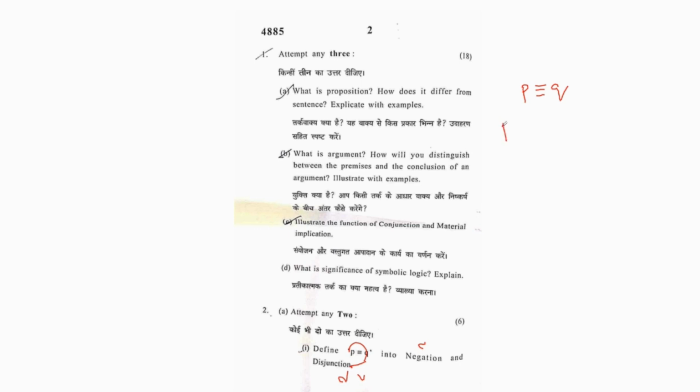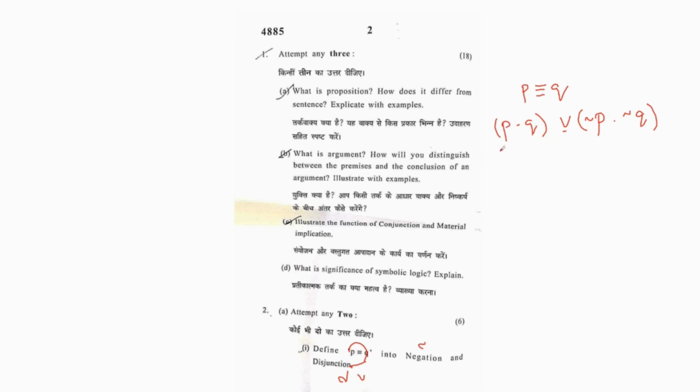It can be written as P dot Q wedge negation P dot negation Q. This formula has two forms, one in horseshoe and one in dot. You can use either, but as the question mentions wedge, disjunction, we'll take this particular formula.